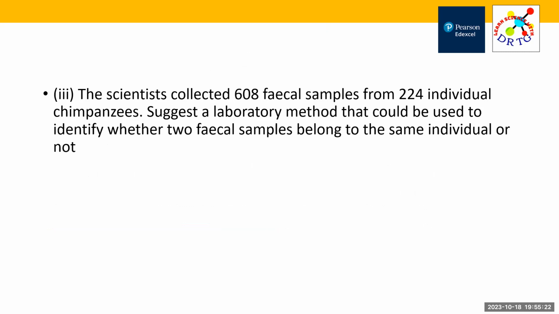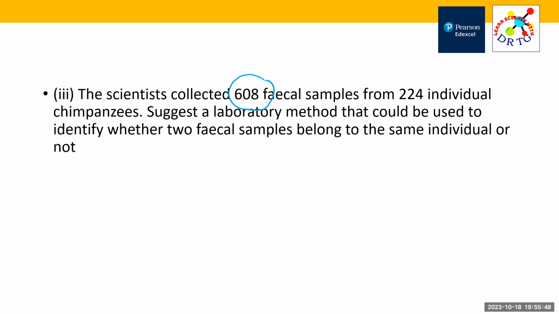Now they collected 608 fecal samples from 224 individual chimpanzees. The question suggests a lab method that could be used to identify whether two fecal samples belong to the same individual or not. When they collect the fecal sample, it is not labeled with the name of the individual, because fecal samples are the same.